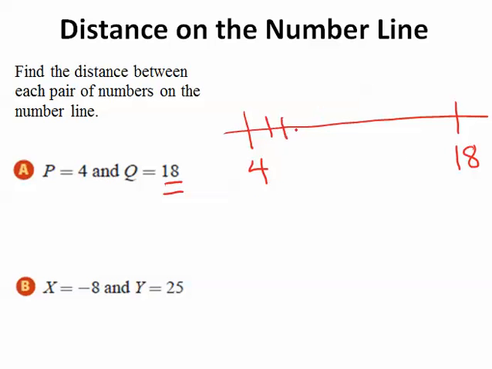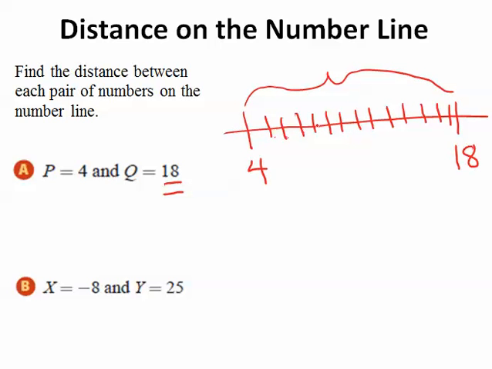So we need to find out how many are in between. So 4, 5, 6, 7, 8, 9, 10, 11, 12, 13, 14, 15, 16, 17. Oh, look, 18.